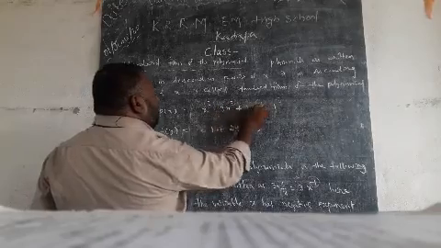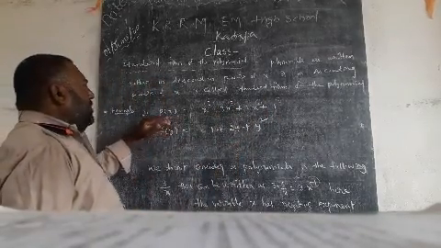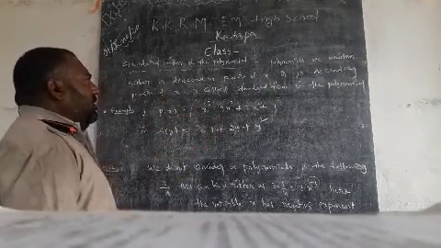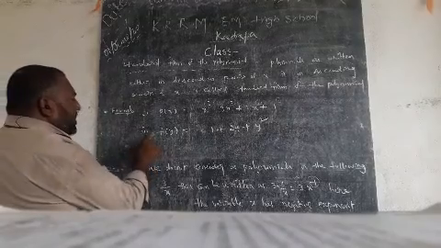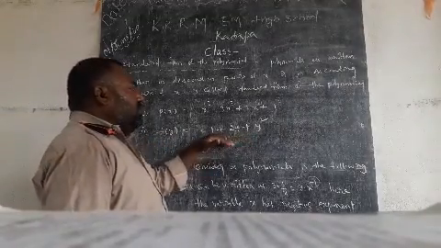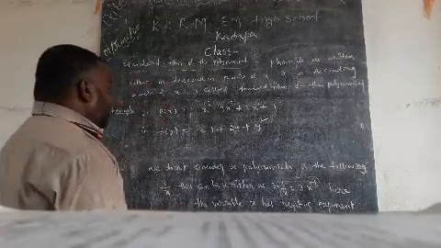The power of x is descending, so it is in descending powers of x. In the second example, f of y is equal to 1 plus 2y plus y square. It is a standard form according to ascending powers.